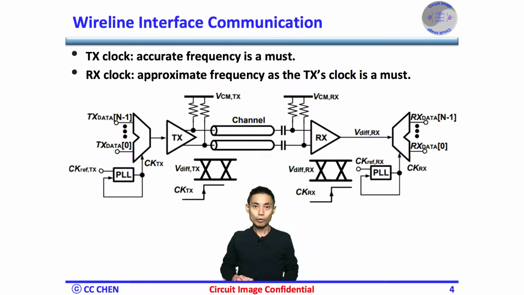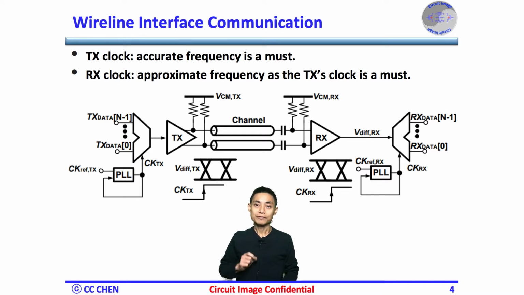For the wireline interface communication, the digital data is sent by the TX, and then the RX receives the data. To make sure the RX output digital data is the same as the TX input digital data, both sampling clock frequencies must be stable and close.